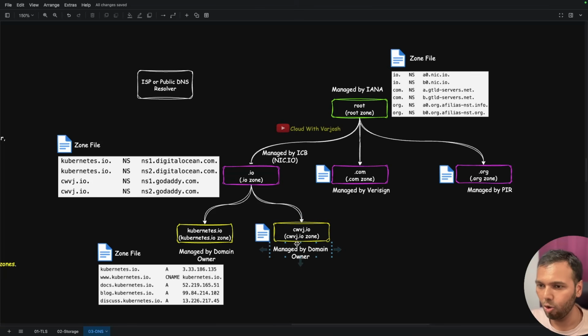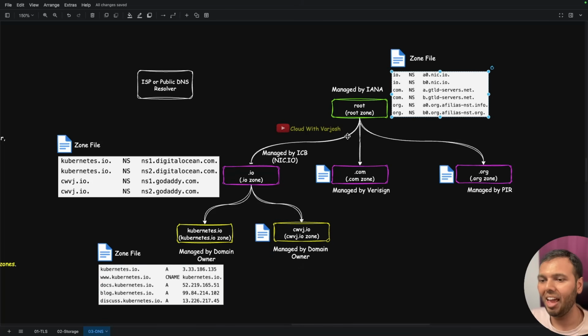Cloudwithvarjosh.io will have a cloudwithvarjosh.io zone along with its zone file, and similarly kubernetes.io will have its zone, called the kubernetes.io zone, and this zone will also have its respective zone file. Now these are just sample zone files, so do not quote me on this. These are trimmed results.